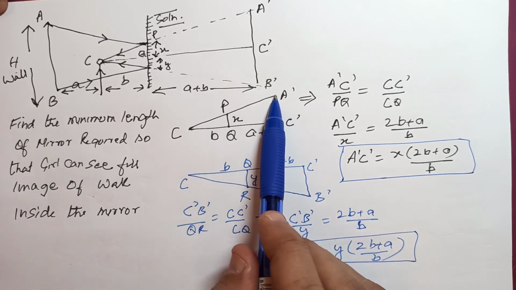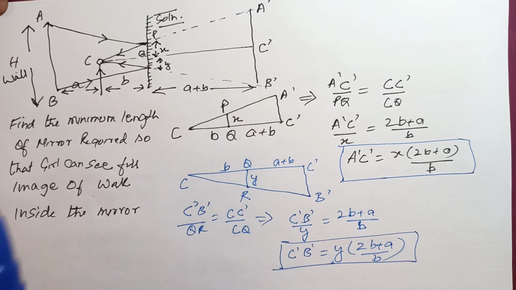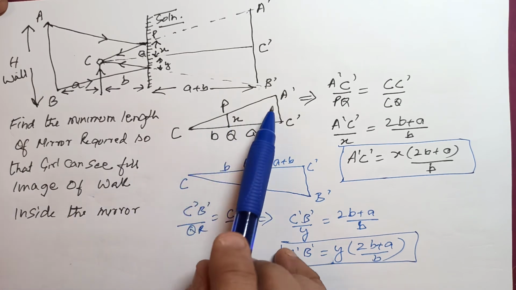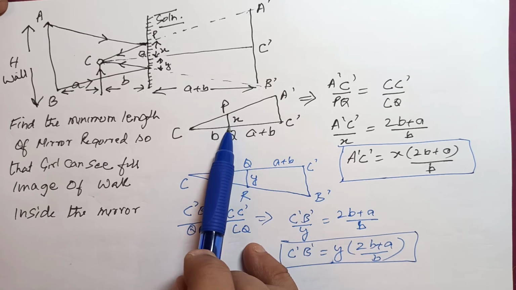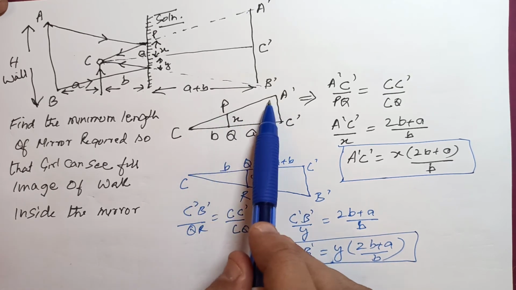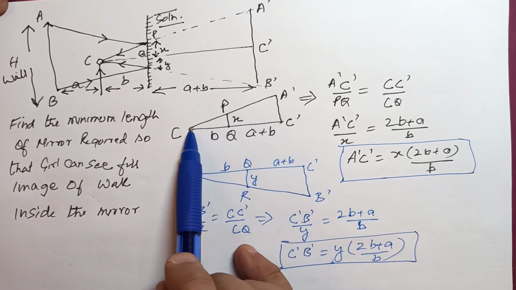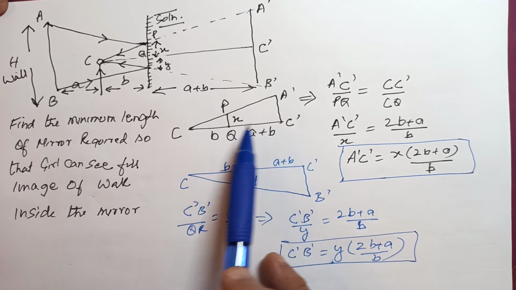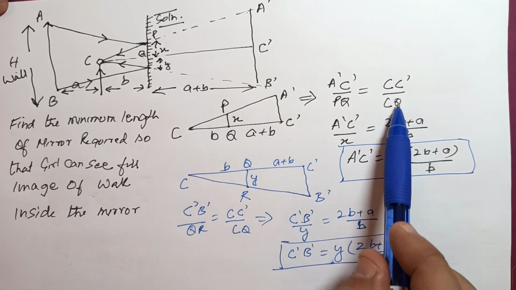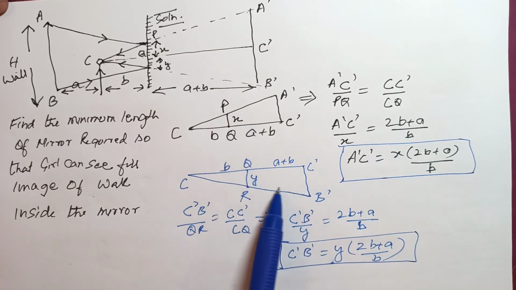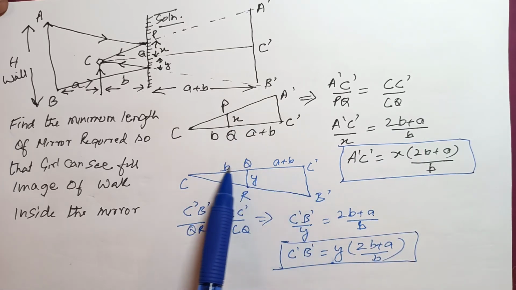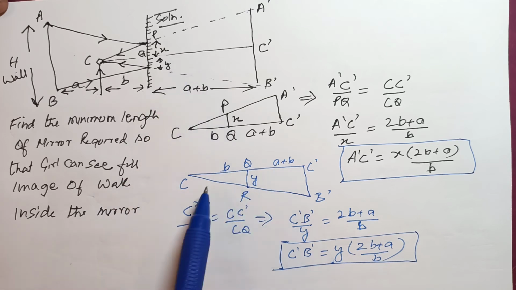Now that means the ratio of the corresponding sides of the bigger divided by the smaller should be equal to this side of the bigger and this side of the smaller. That is what I have done, 2b plus a by b, hence we got. Similarly, for the lower triangle, I have done the same thing.